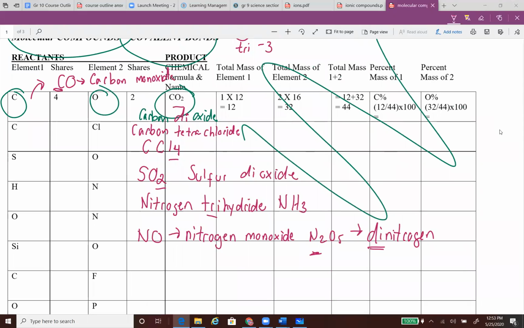So it'd be called dinitrogen pentoxide. In this case, you drop the A because you can't have 2 vowels in a row. But you're not going to come across too many of those. For example, this one, if it's written like that, would be called silicon dioxide.